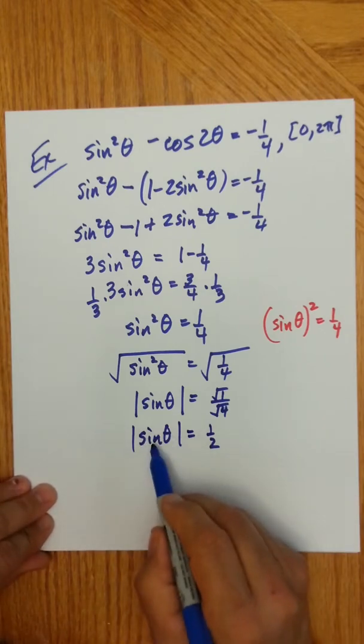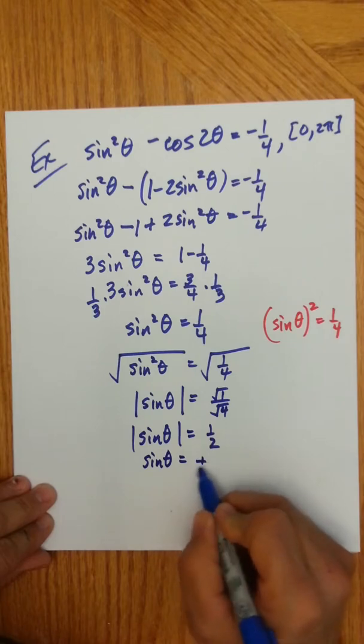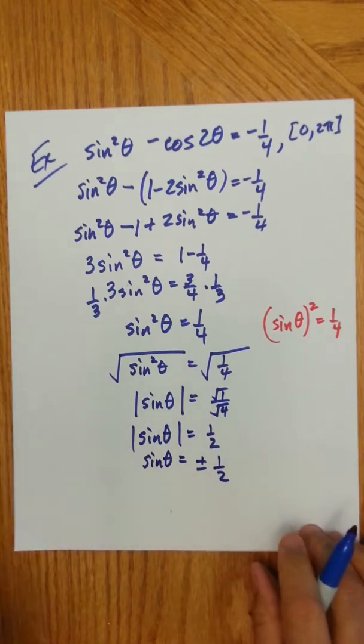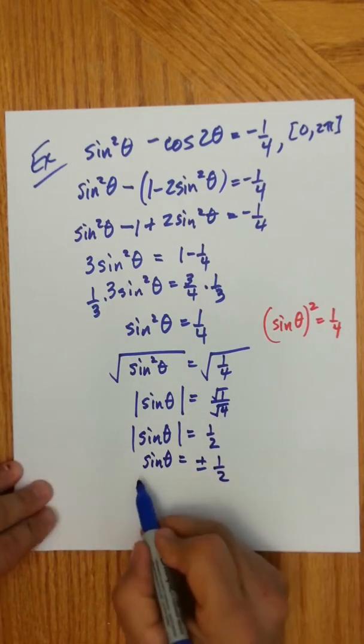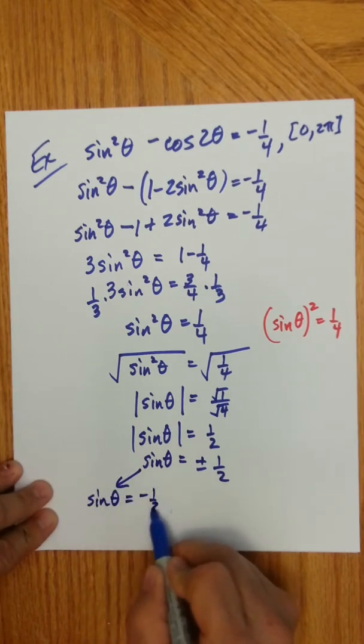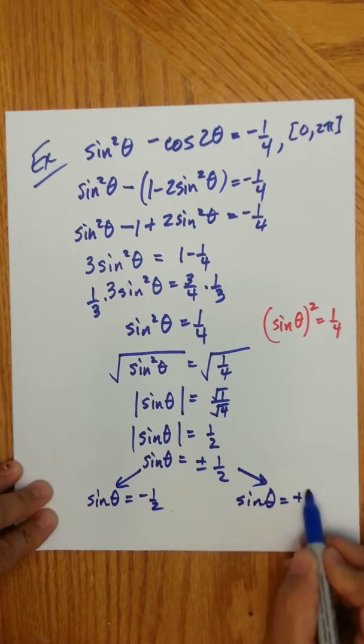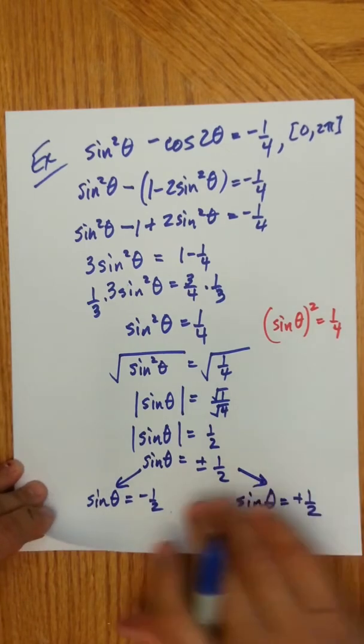When I remove the absolute value, I'll have sine theta equals plus or minus 1/2. So now I've got to solve two separate things: sine theta equal to -1/2 and sine theta equal to +1/2.